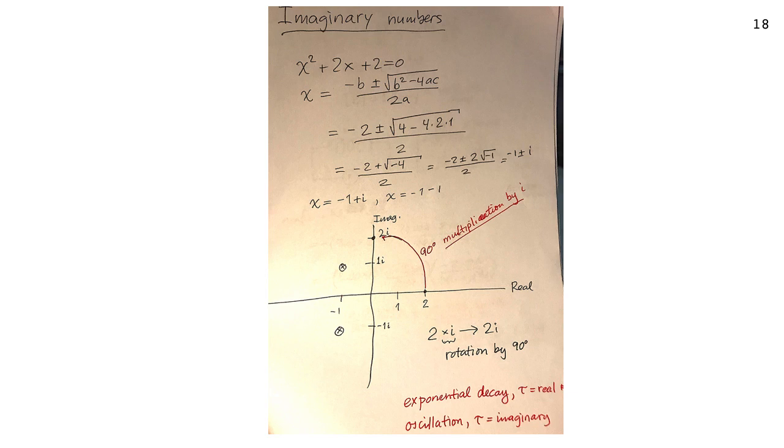Total energy of the oscillator: 1/2 kx squared, 1/2 mv squared. The energy equation. Therefore, one more way to see we have oscillation in the LC circuit.